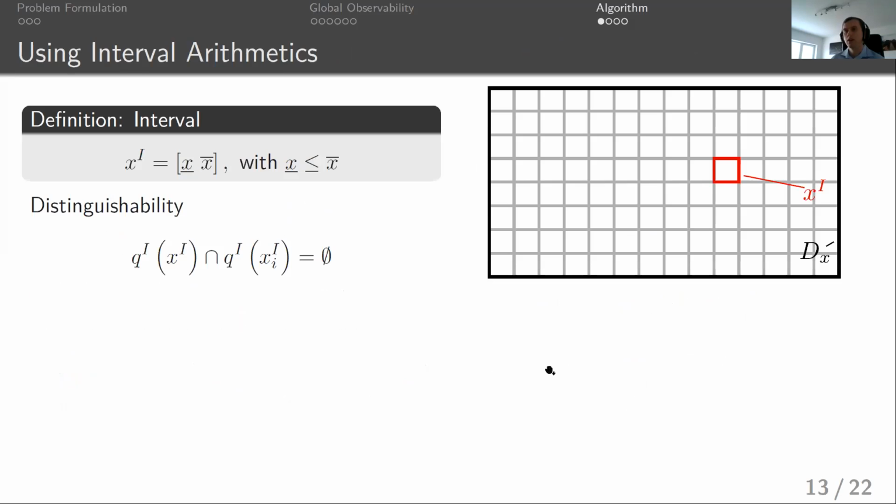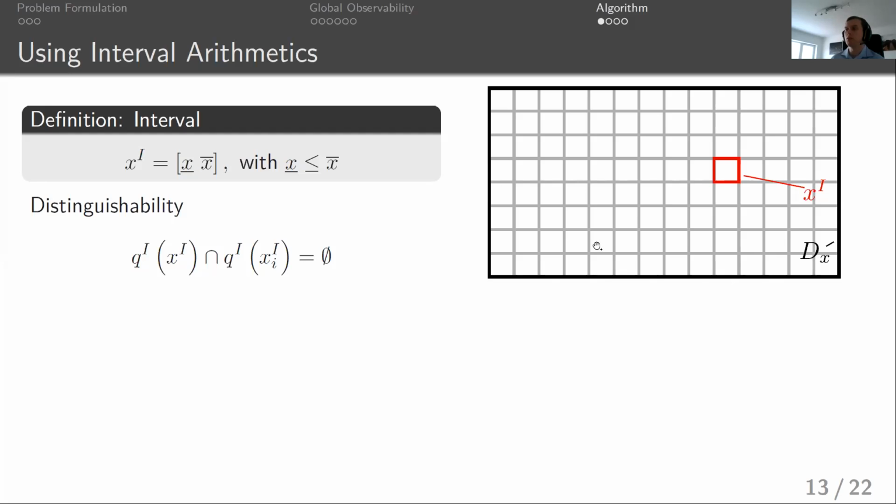And for now, I've got this definition for an interval. This is only to show that x with an upper letter I just means that this is an interval. And let's consider we have a nonlinear function which we want to evaluate if this is observable on a given initial state dx.